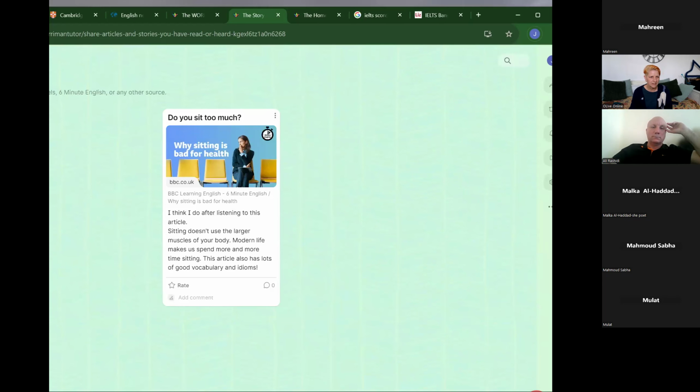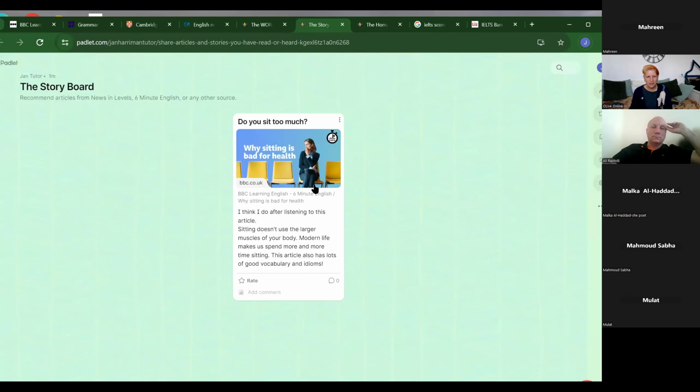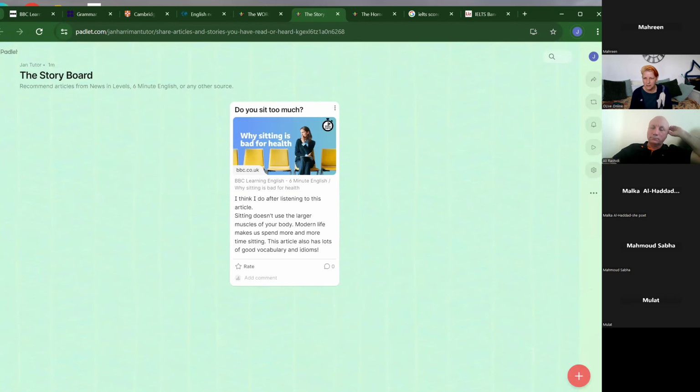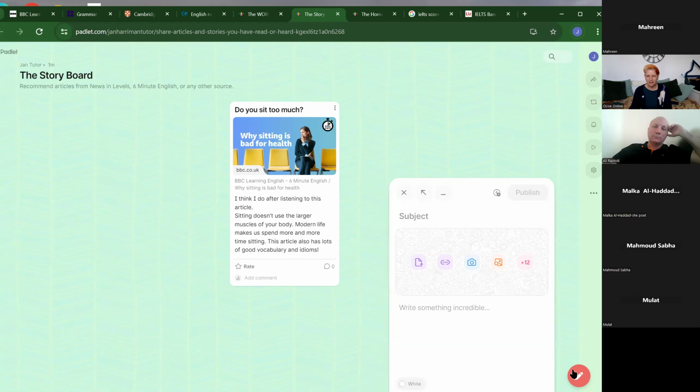On this board, you will be able to write about something that you have read. Depending on what platform you're using, if you're on a browser on a computer, there'll be a plus sign in the bottom corner down here. When you hit that, you can add your article. So this is an article I like.